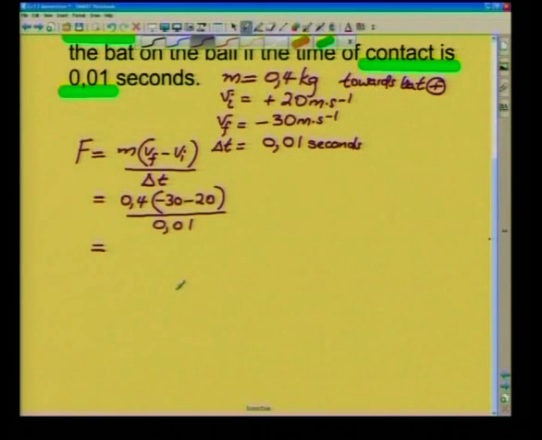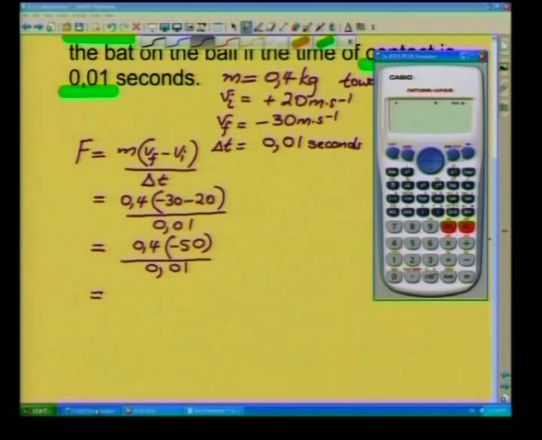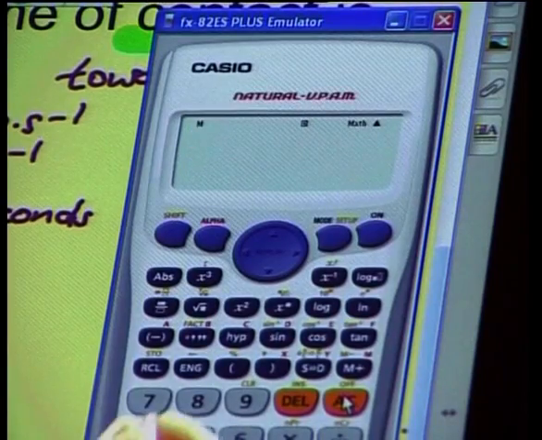We can work that out using a calculator, but perhaps let's just simplify it. Minus 30 minus plus 20 is minus 50, okay? Divided by 0.01, right? Let's quickly use the calculator to work this out.